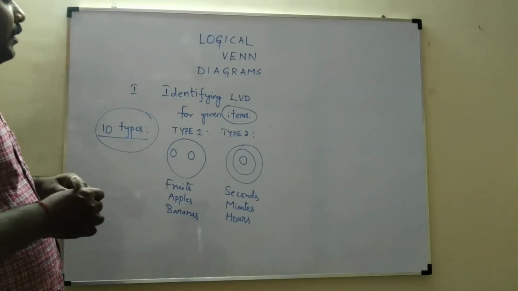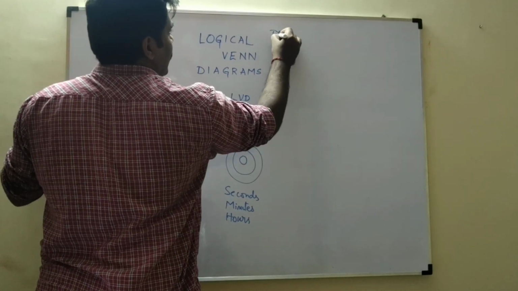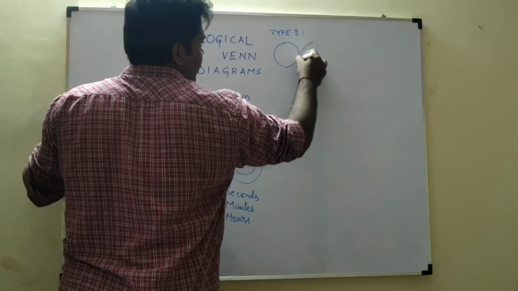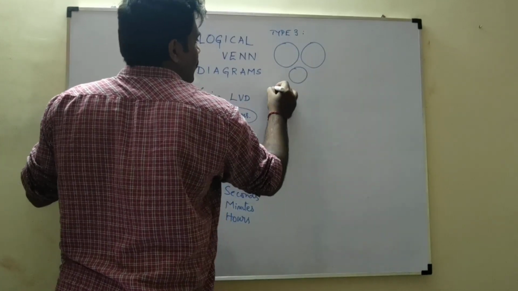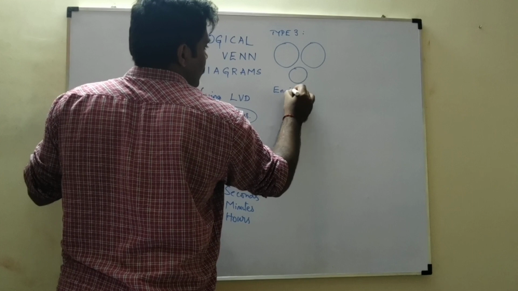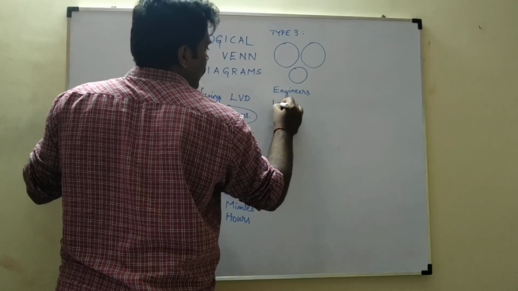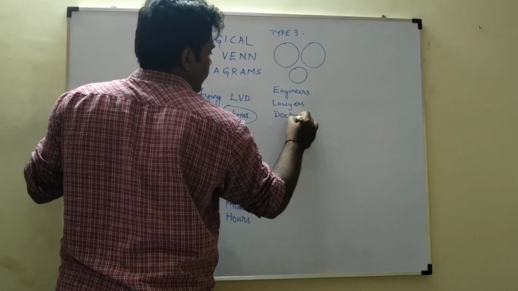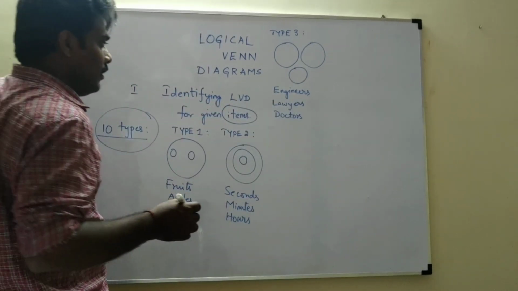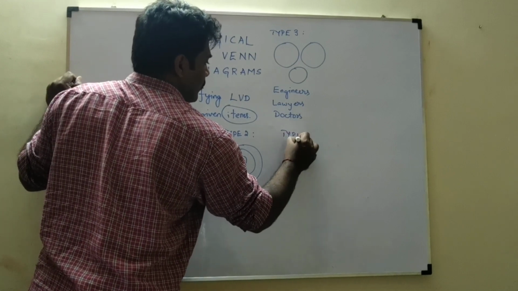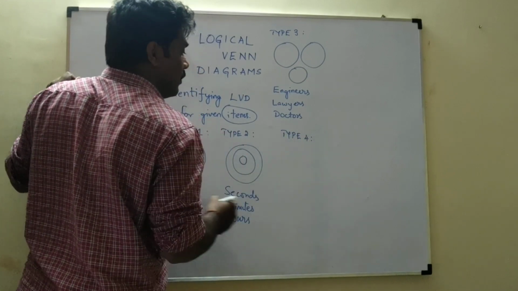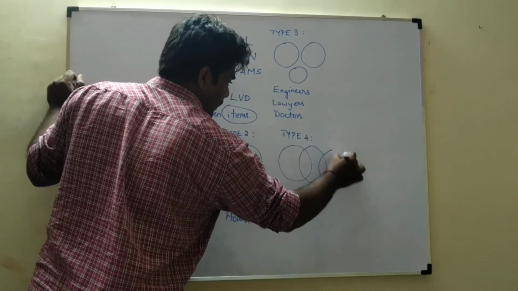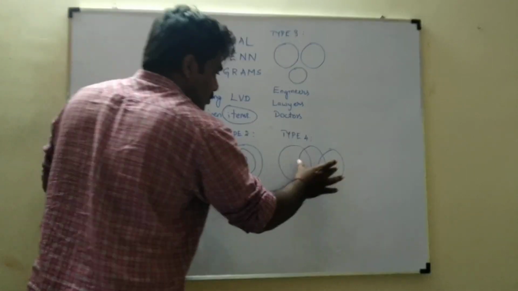Then type 3, where each item is different from one another. You can use the example of engineers, lawyers, doctors. Then type 4, where 2 items are partially connected to the third, but these 2 don't have any connection.